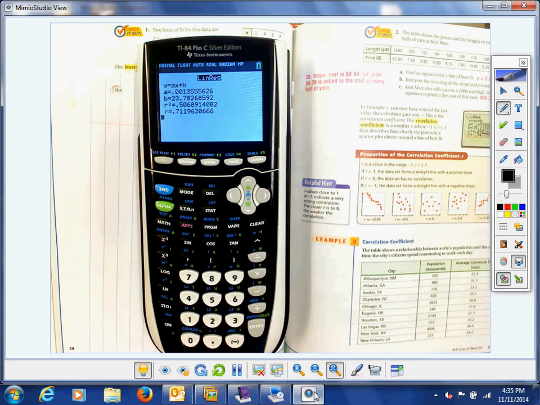I'm going to go out quite a few, I think, because of the zeros, just for accuracy. And B, I'm just going to go ahead and round to 23.78. And R is about 0.711. Okay, so let me flip back to the other page.